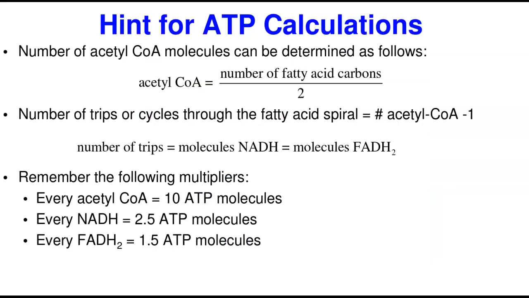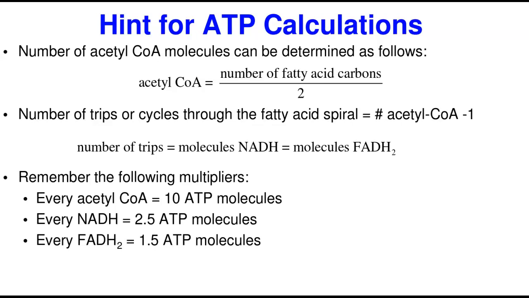In the last lecture, we looked at the catabolism of fatty acids, aka beta oxidation. And I gave you some hint on how to determine the total number of acetyl-CoA from breaking down a particular fatty acid. So here, the first thing I'm going to do is to give you some important hint.